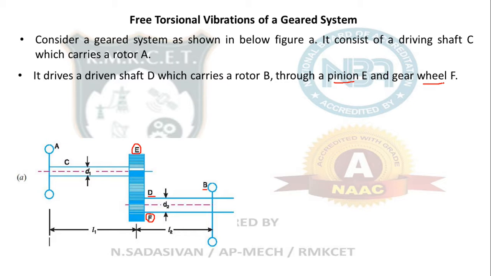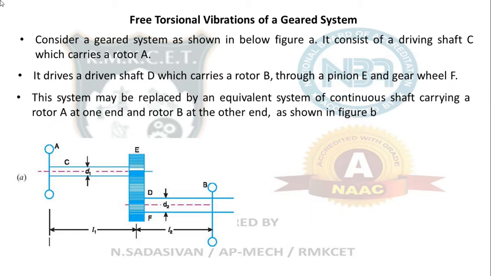That is not the correct way of understanding. Whichever gear is bringing power into the system is called the pinion; it may be smaller or larger, it doesn't matter. The driving gear is always called the pinion and the driven gear is always called the wheel. Therefore E is the pinion here, since we have considered this to be our motor, and F is your wheel.